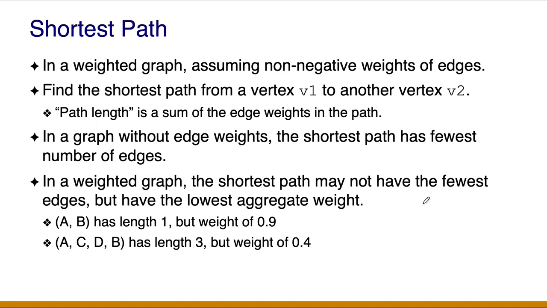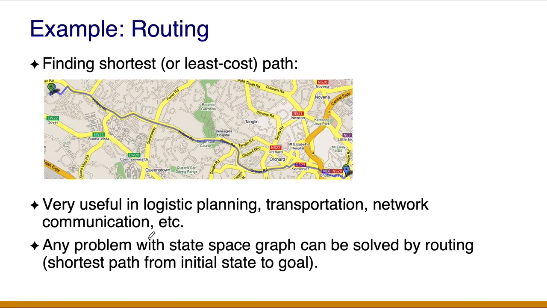But one thing we do notice is that because there's a weight, we are not looking at the number of edges anymore, which means the previous two traversal methods, whether breadth first search or depth first search, cannot really help us identify the shortest path. We need a newer method, and this newer method is directly applied to cases like routing. I think it's very useful, and you can use it in all kinds of transportation planning purposes. All right, so how do we do it?